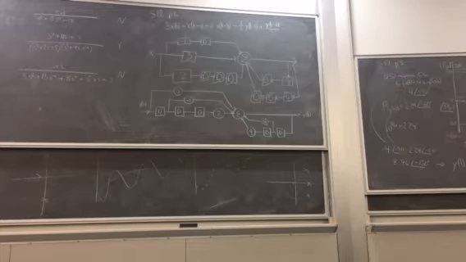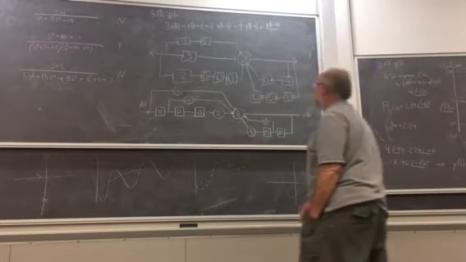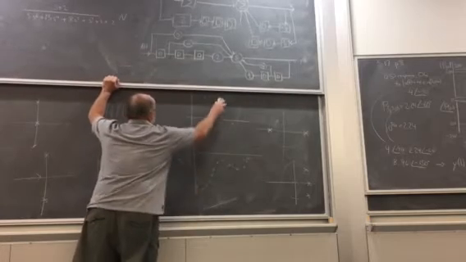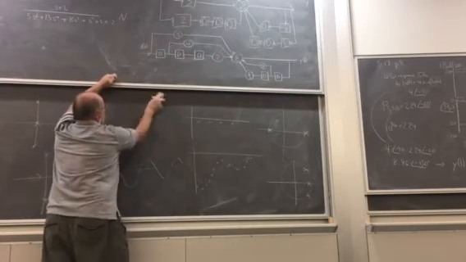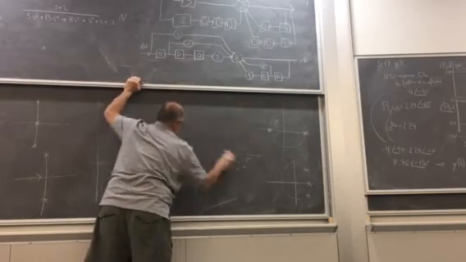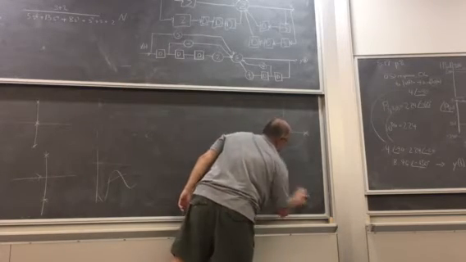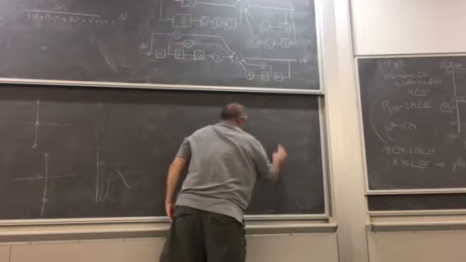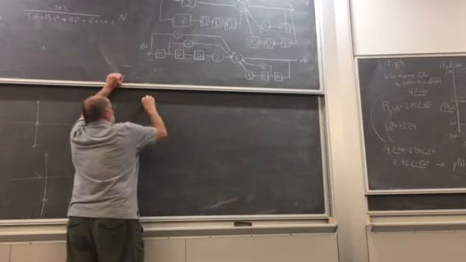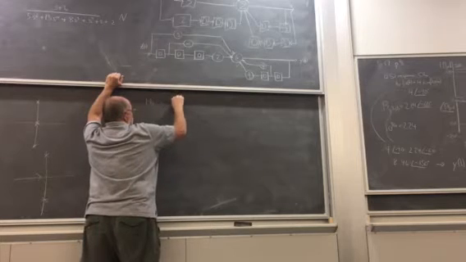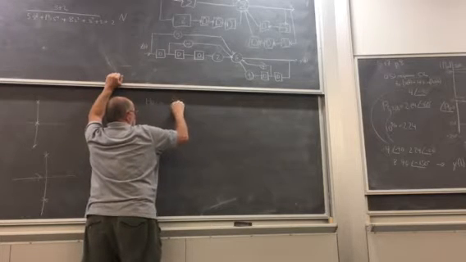Now, what if you needed to turn this into a Z transform? Let's take this a step further and turn it into a Z transform. So a Z transform would be like an H of z, which is Y of z over X of z.